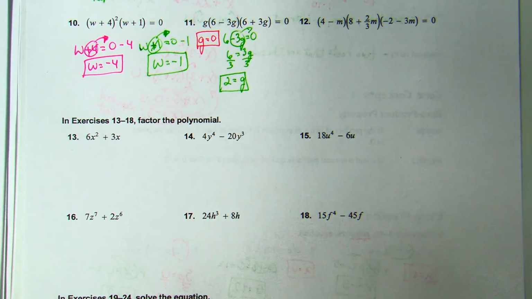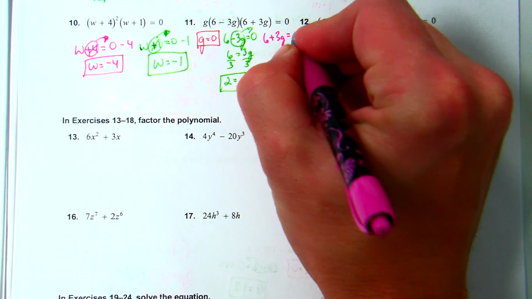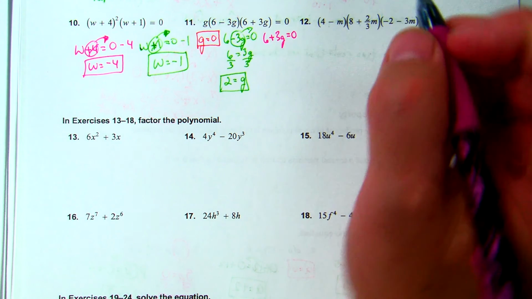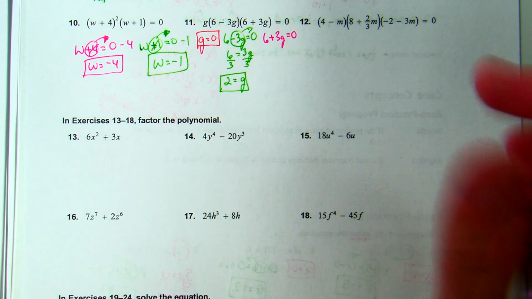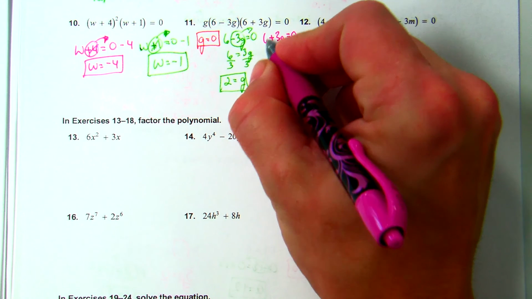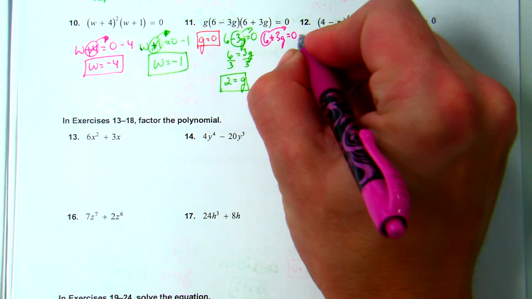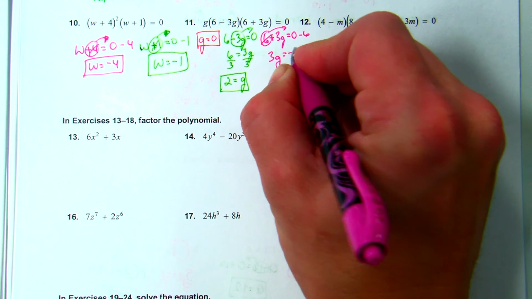Okay, so that's our second root. And then lastly, we have 6 plus 3g equal to 0. We would take and move our 6 across to the other side. So that would make it negative 6. We have 3g equal to negative 6.